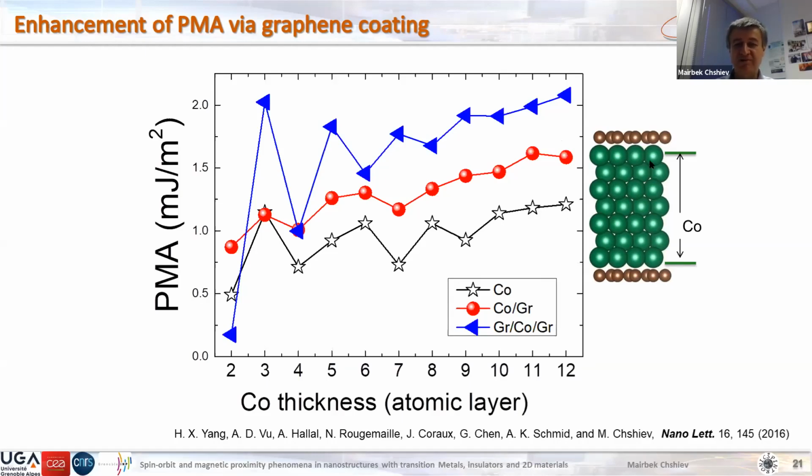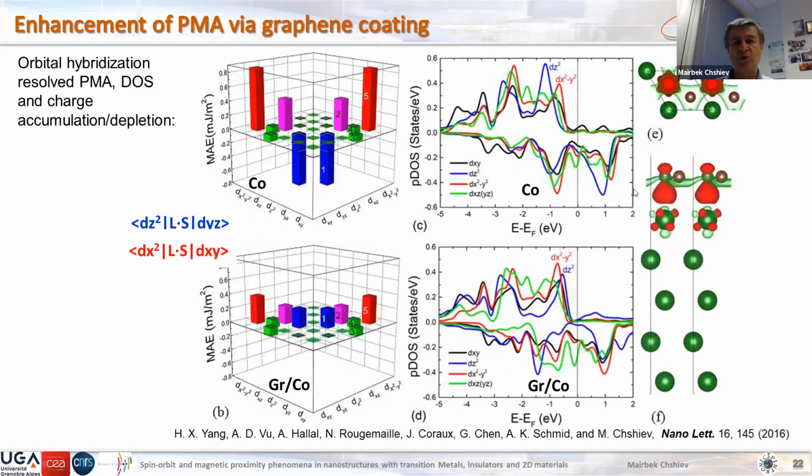So what's going on here, and why is graphene actually such a strong catalyzer? Hongxin Yang was working on this when he was still here, and again, by looking at the orbital hybridizations and comparing the situations of cobalt itself and cobalt-graphene, and in particular, for example, if we look at these matrix elements over there, how they are contributing, we can already see the differences.